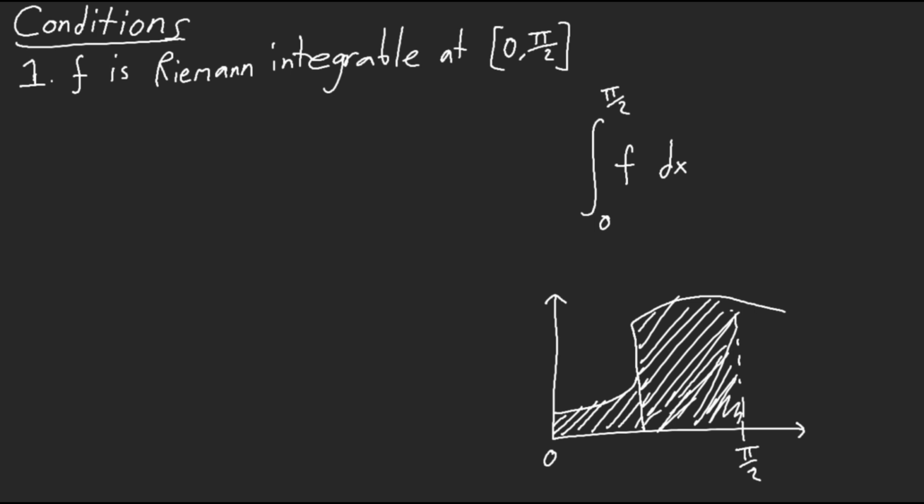Because when you take the sum, there's this delta x thing, where you can still take the rectangle at the discontinuity, the splice. So this is Riemann integrable.